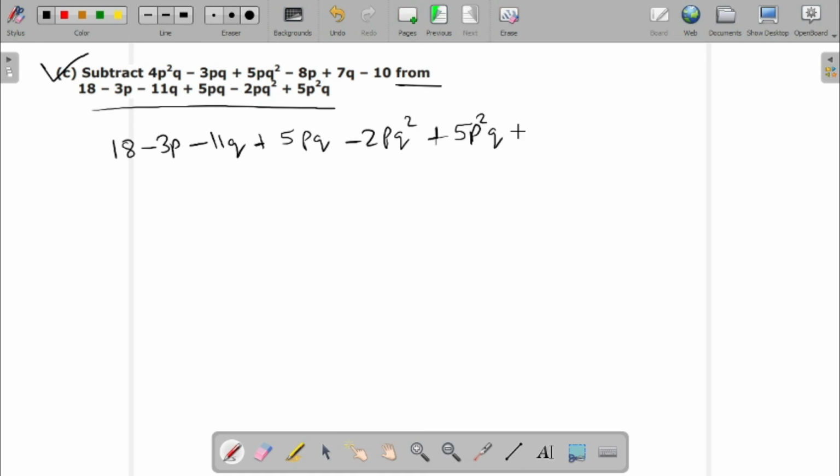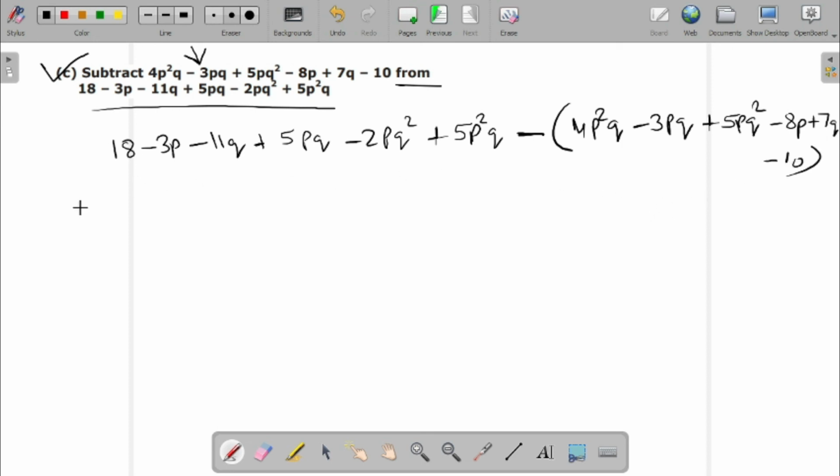Then after that we put the negative sign, then in bracket we put the first term, that is 4p square q minus 3pq plus 5pq square minus 8p plus 7q minus 10.